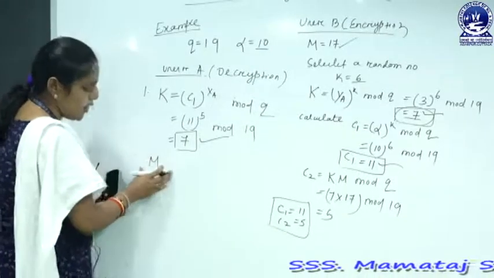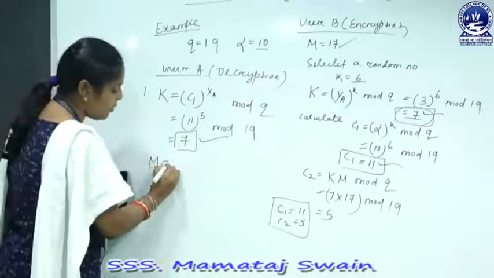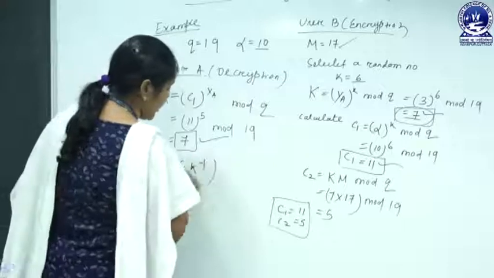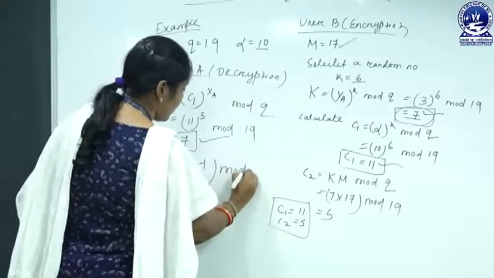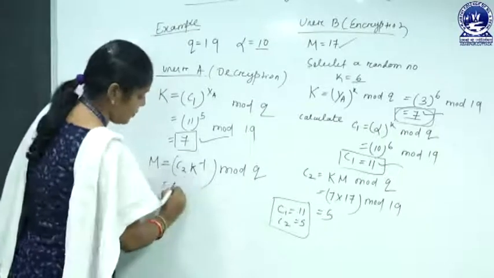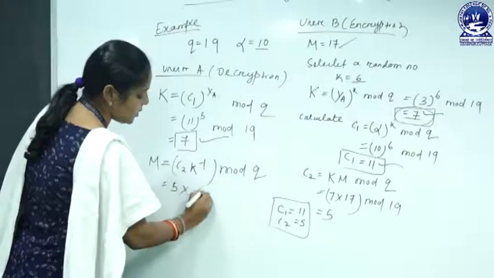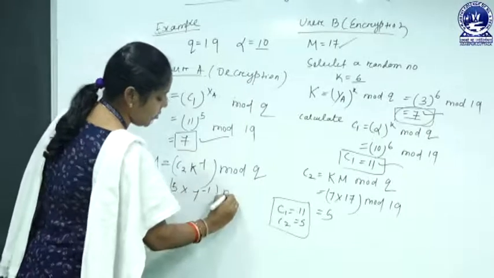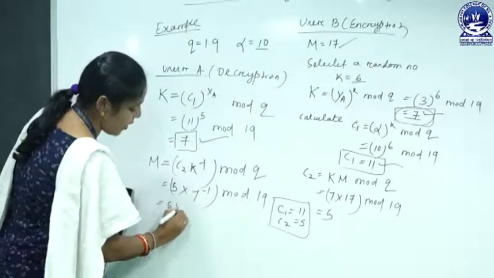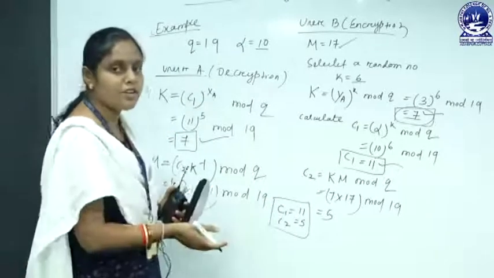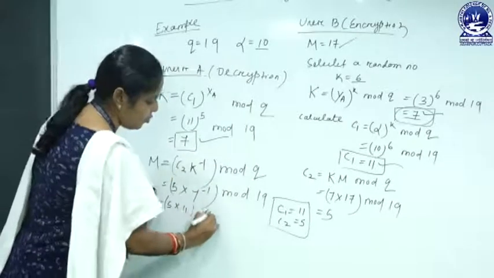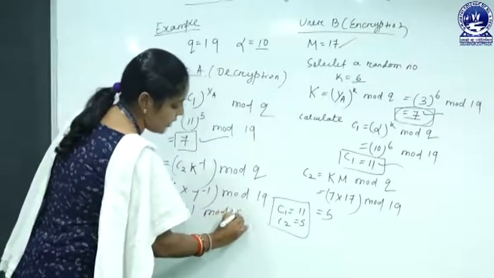Now it decrypts the ciphertext to generate the plain text, that is M. Here M equal to C2 into K inverse mod Q. Now here the value of C2 is 5 into K inverse, that is 7 inverse mod 19, that is equal to 5 into 11. 11 is nothing but the multiplicative inverse of 7 mod 19.